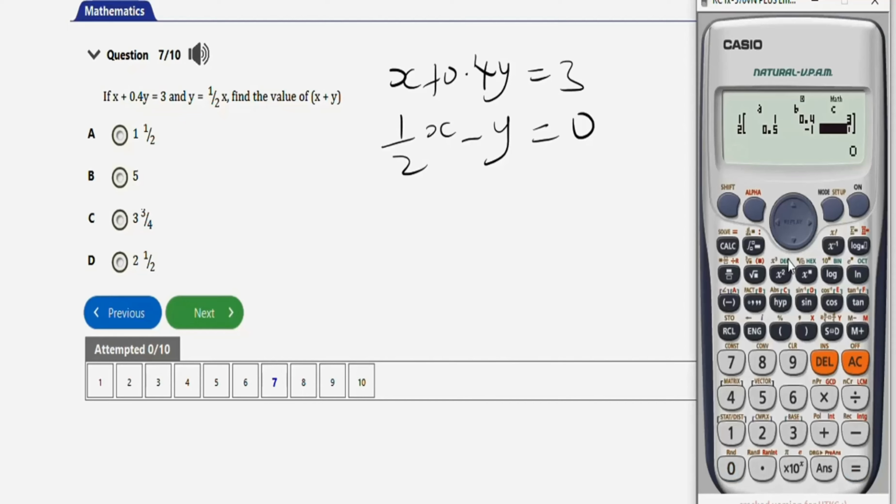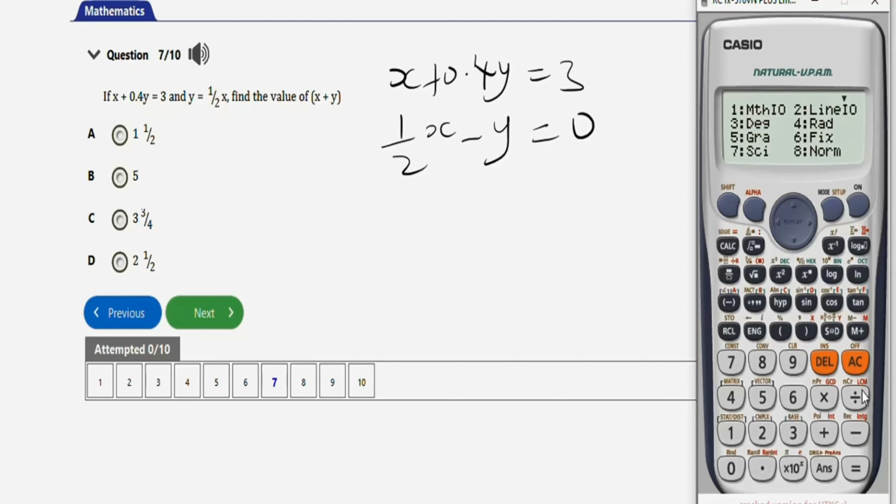So that's it, guys. To solve this, the question says, when x is 5 over 2 and y is 5 over 4. So to solve this now, we have 5 over 2 and 5 over 4. So let's solve this, guys.